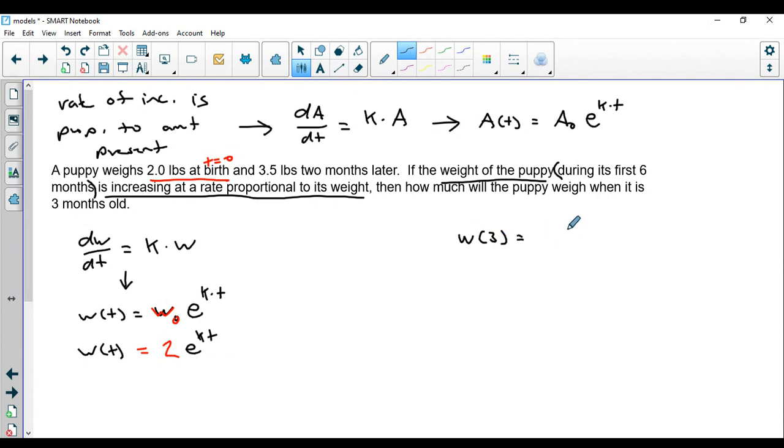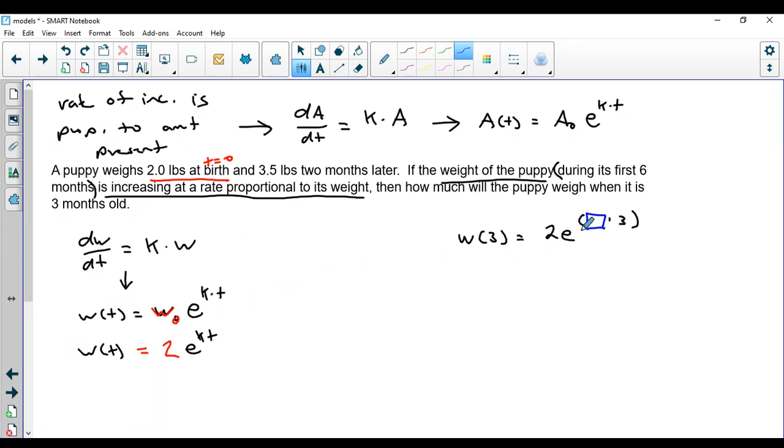So you go to do this: 2 times e to the, and I know t is 3, but what you don't know is k. What is that rate, that proportionality constant, that rate of increase, which in this case would be monthly, by the way, because everything's in months as opposed to years.